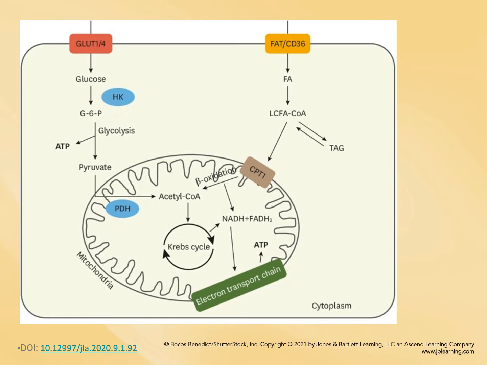Fat can only go through metabolism if it goes through the Krebs cycle, and that's really how we start to use that fat. Now keep in mind that the Krebs cycle is an aerobic cycle and it requires oxygen. So what we should gather from that as well is that fat metabolism must be aerobic to occur.